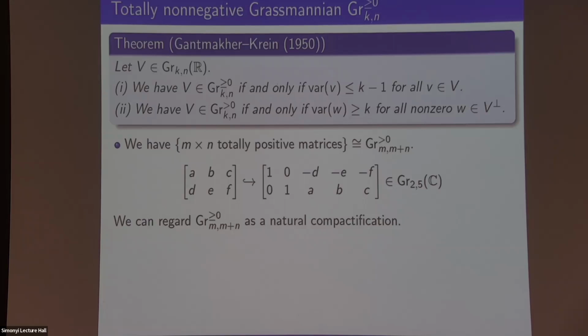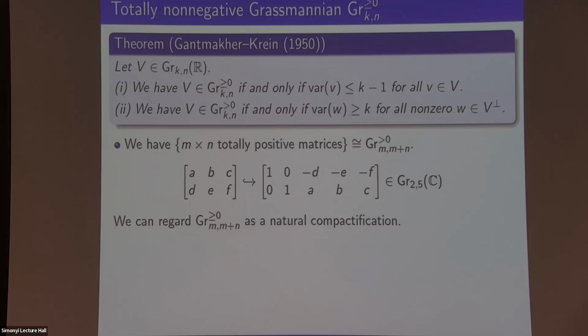Another way to motivate this totally positive Grassmannian is that the space of n by n totally positive matrices is in bijection with the totally positive part of the Grassmannian Gr(n, n+n). So I have this 2 by 3 matrix here. I can embed it in the Grassmannian by putting an identity matrix here, and then I have my 2 by 3 matrix on the right, except I've reversed the order of the rows and added some negative signs.